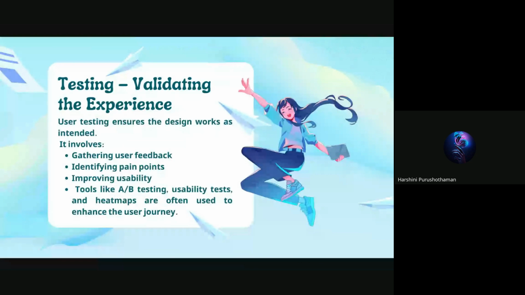And these testings are often used to enhance the user journey. Along with the design testing, the user's journey of the application, the prototype, or the working of the application, the navigation of each and every button is also tested by the testers.